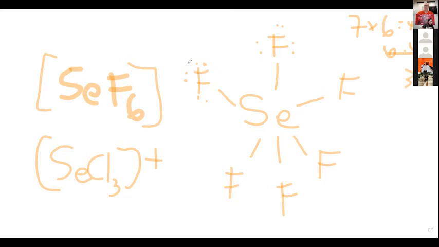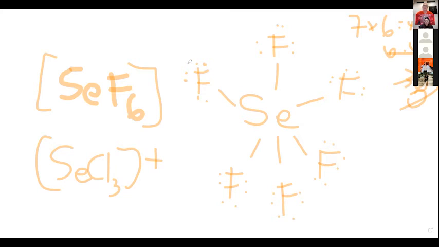So we're left with 36. That means 6 on each of the 6 fluorines, and we're done. That is 6 times 6. No electrons left.